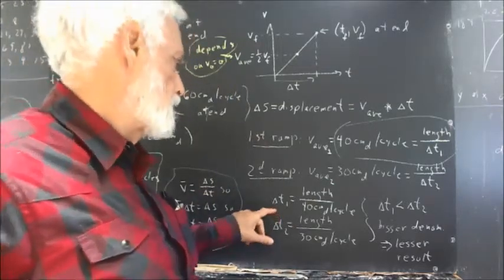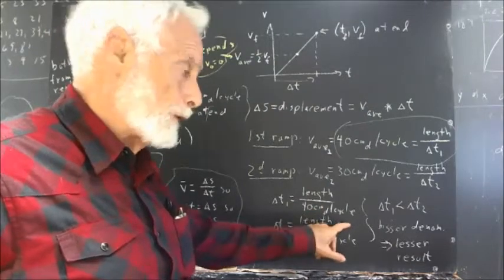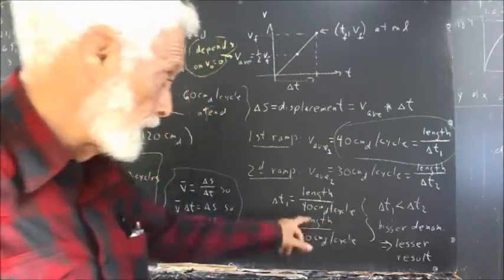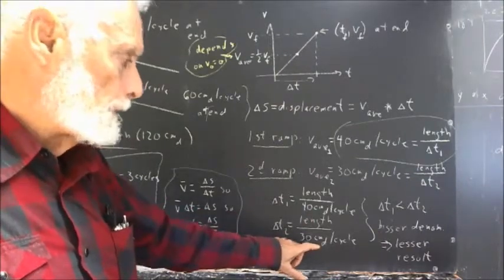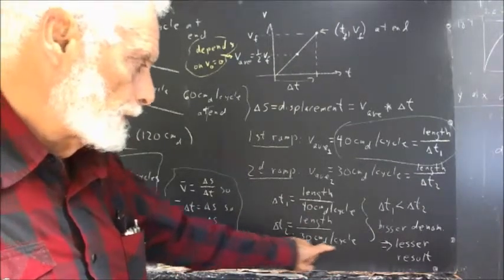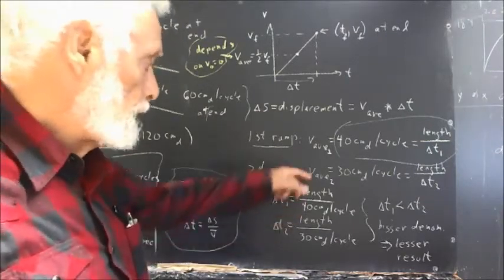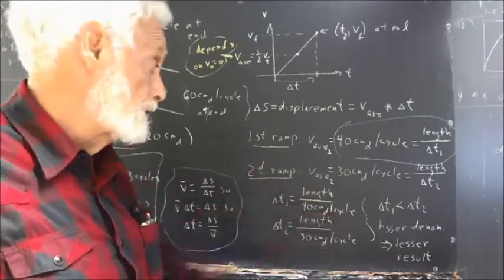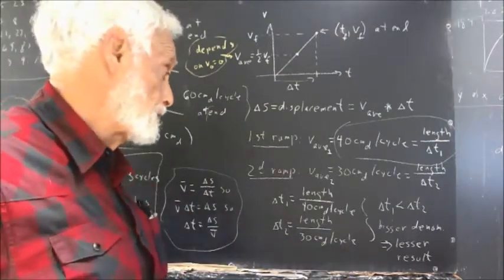we then conclude that the time down the first ramp is whatever its length is divided by the 40 centimeters d per cycle, the average velocity, and delta t2 is the length divided by the average velocity on that ramp, 30 centimeters d per cycle. Now, which one is going to be bigger? Length divided by 40 centimeters d per cycle, or length divided by 30 centimeters d per cycle?